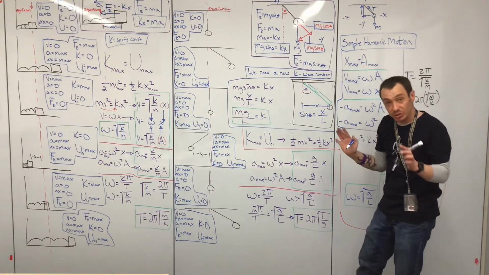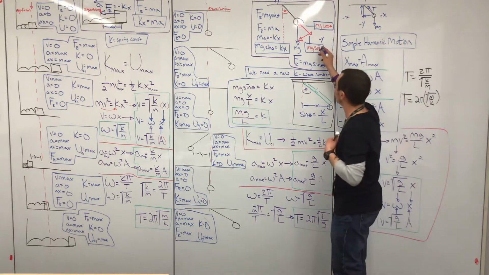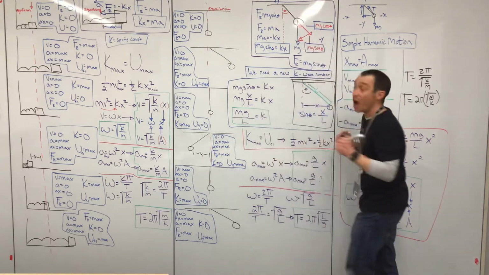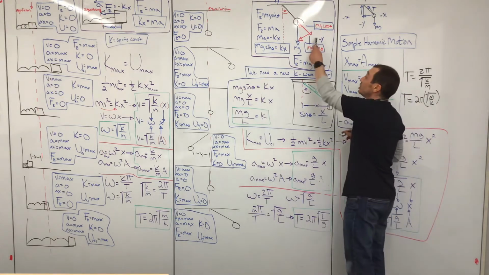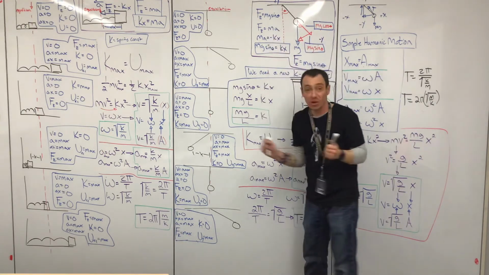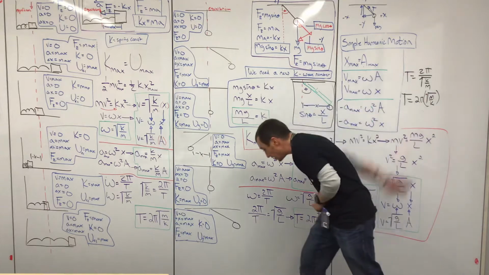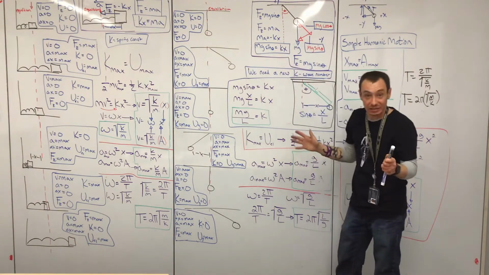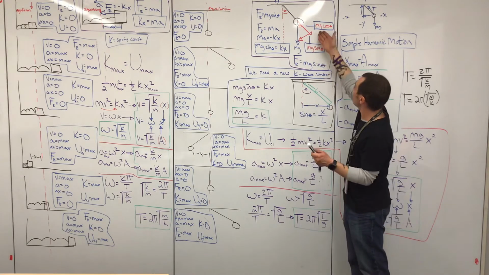So that's the first important thing we have to do to derive this: we want mg to have components. Why? Because when we give mg components, we can see the restoring force. What's causing this pendulum to come back to equilibrium? We want to know what it is.